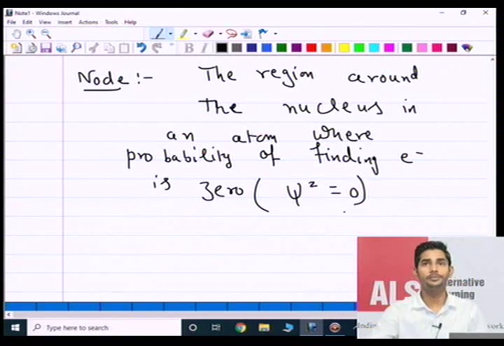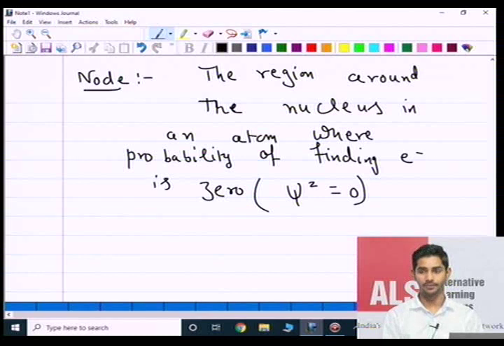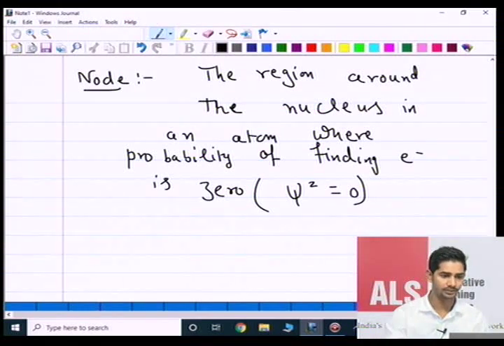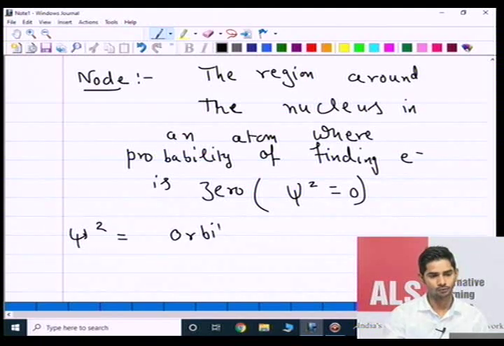Guys, psi square means what? Psi square is an orbital wave function which represents the region where we can get the electrons. If you talk about psi square, this is your orbital wave function.